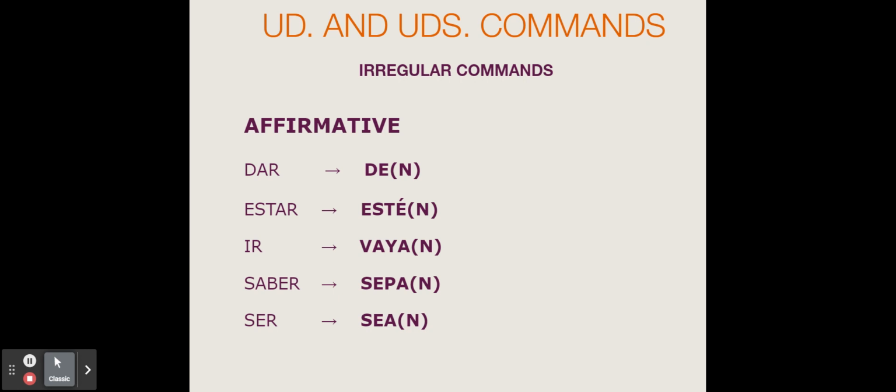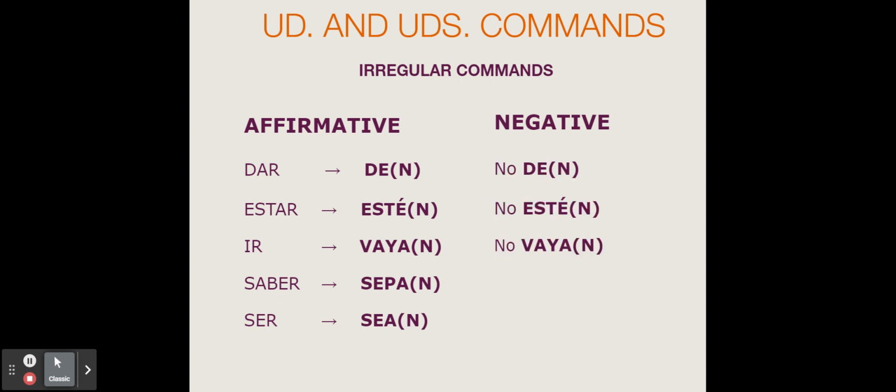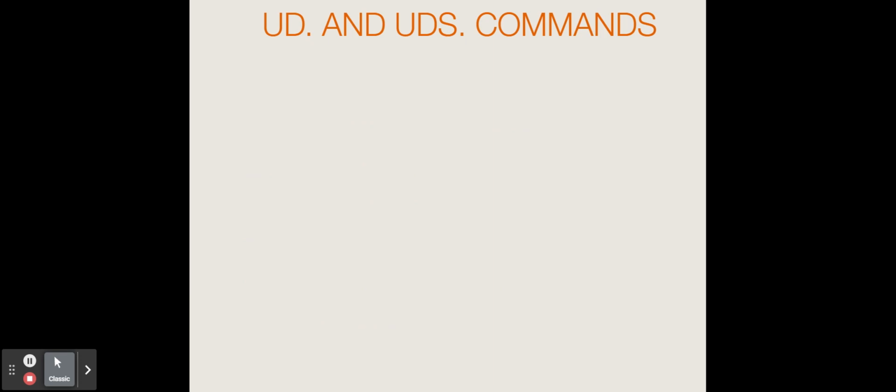And again, those are the same forms for the negative commands. No dé, no den, no esté, no estén, no vaya, no vayan, no sepa, no sepan, no sea, no sean. And the command forms are exactly the same that you will be using the rest of the term to form the subjunctive. The AR verbs go to E, and the ER, IR go to A, so that you will keep working with that same pattern for the rest of the term.